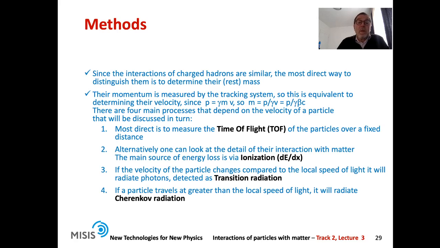The main source here is the energy lost via ionization, which depends on velocity. Thirdly, if the velocity of the particle changes compared to the local speed of light, then it will radiate photons known as transition radiation photons. And finally, if a particle travels at greater than the local speed of light, it will radiate Cherenkov radiation.